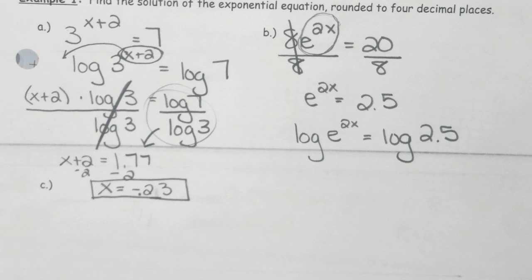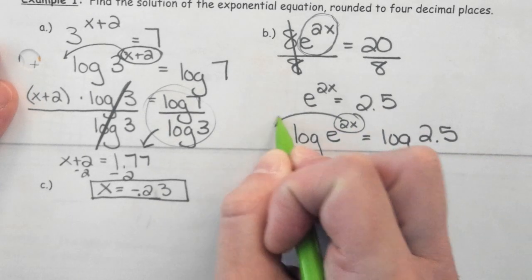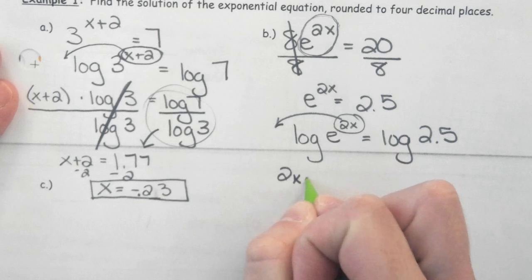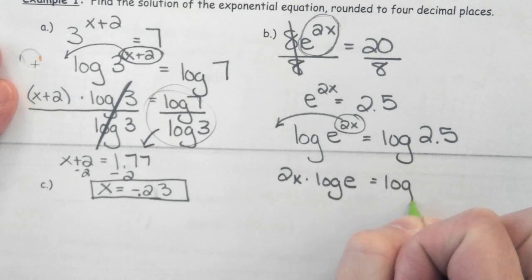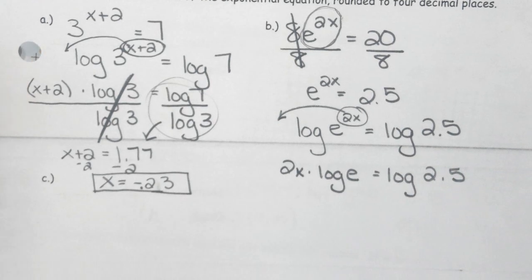What can I do with my 2x as my exponent? Bring it down and out front, right? So 2x times log to the base 10 of e equals log to the base 10 of 2.5. Okay, now I want to start to move stuff away from x. Let's get rid of the ugly logarithm first.